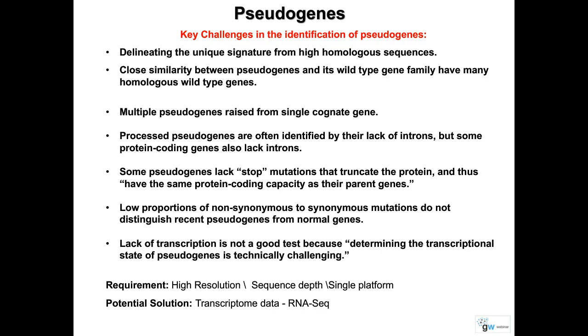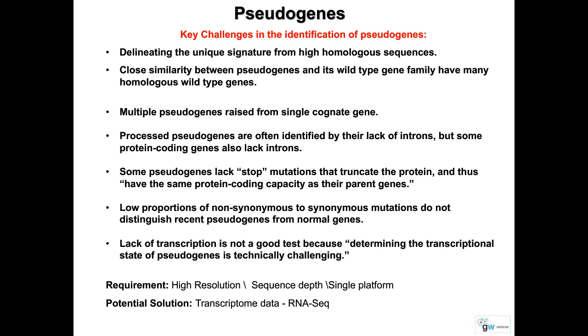It is not always that one pseudogene is derived from one wild type gene. Sometimes more than one pseudogene will be generated over a period of several million years of evolution. We found that some genes have more than 15 or 20 pseudogenes located in different locations in the genome.